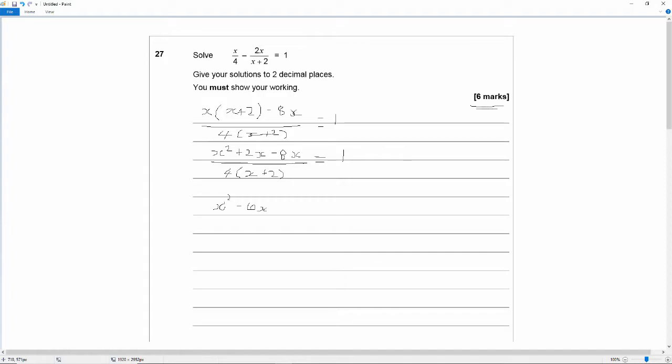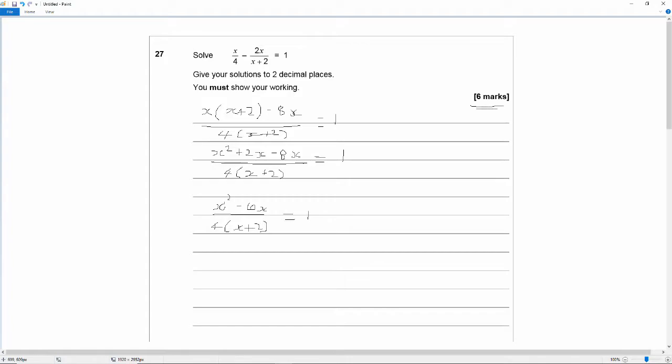So I've got x squared minus 6x divided by 4 into x plus 2 is equal to 1. Well, I'm going to stipulate, we know that x does not equal 0 anyway, because it can't equal 0 because we've already got x on the bottom.